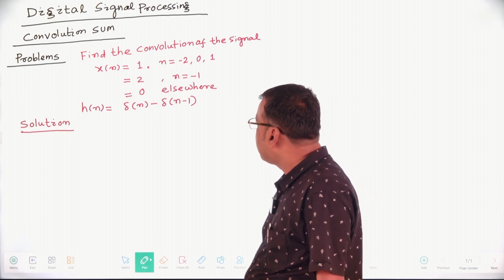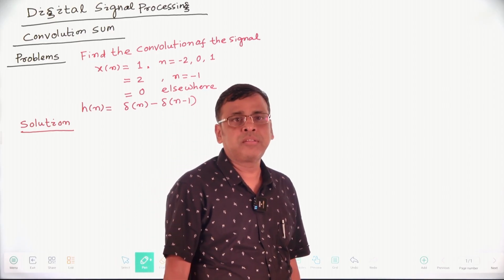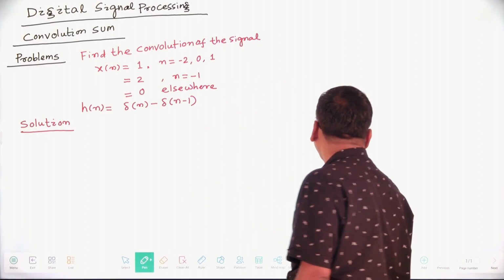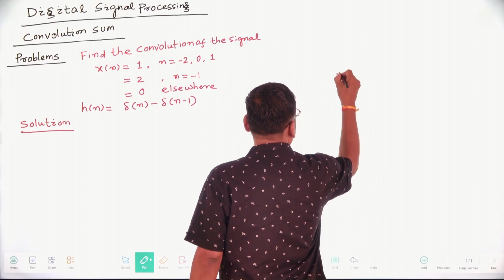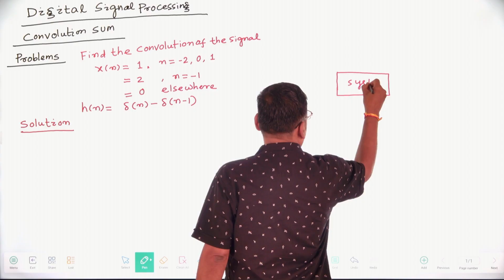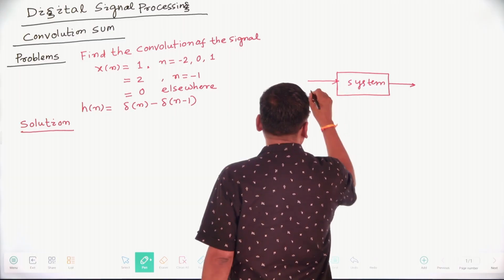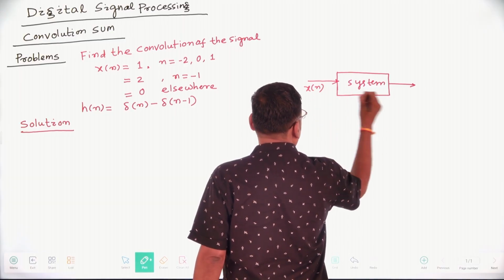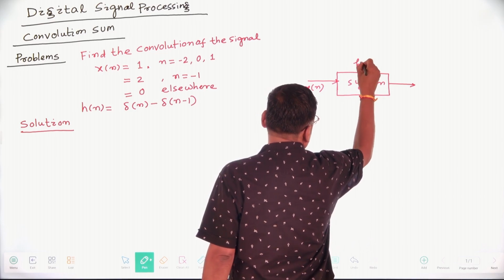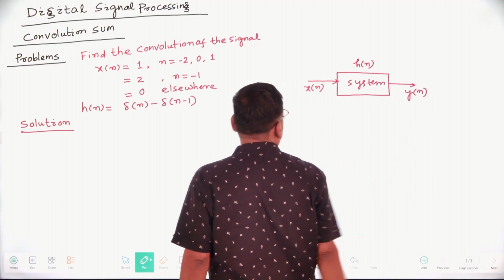In convolution sum, what we actually calculate is the response of the signal, meaning the output of the signal. Since this is your system, there is an input x of n, a transfer function h of n, and you are going to calculate y of n, which is the response.